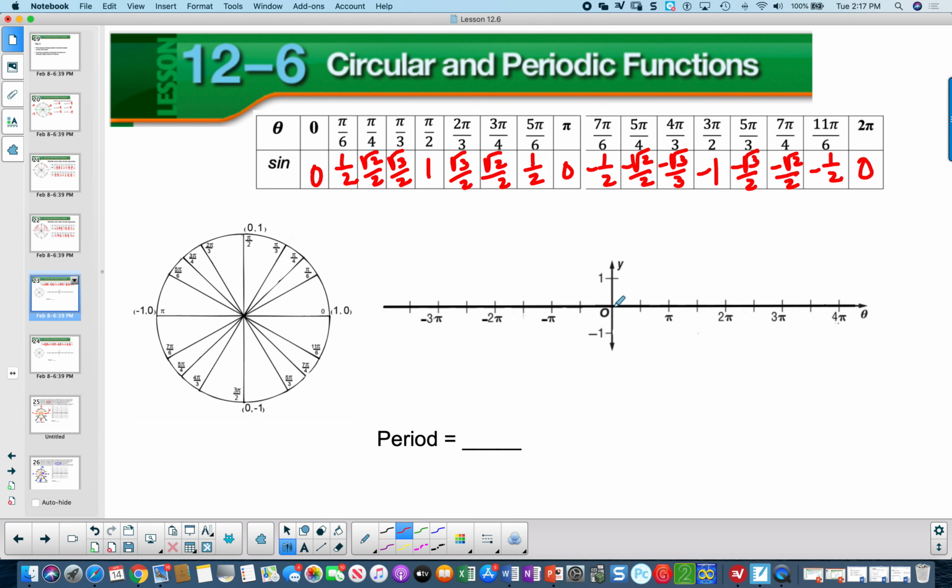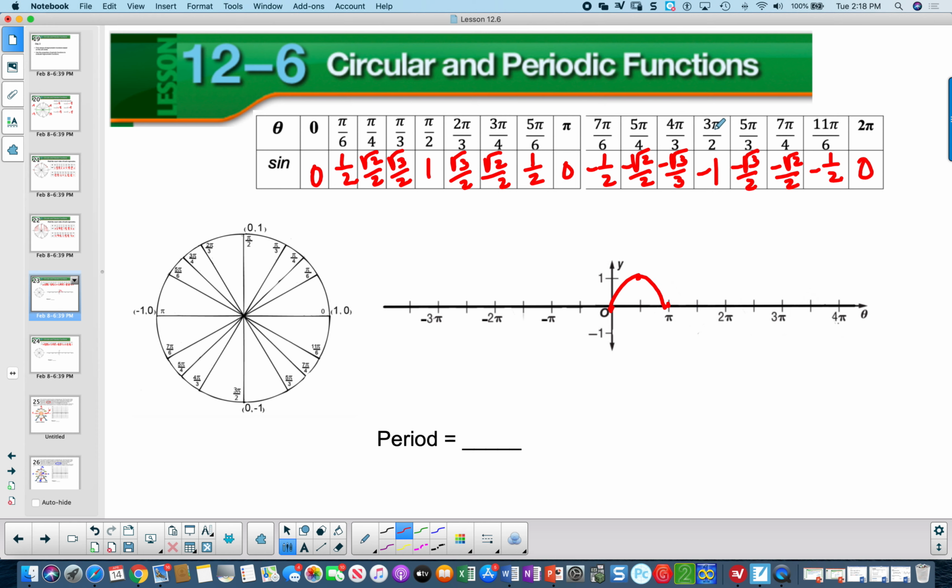Okay, so 0, 0, it'll be right here. And this is pi halves. I know it's growing, and at pi halves, the y-coordinate is 1. And remember, it's growing like that. And over here at pi, the sine is 0, and that's because the value of the y's got smaller and smaller, so it looks like this.